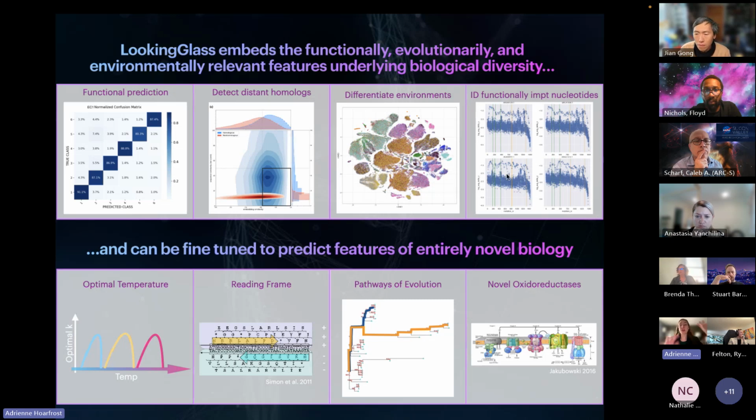You can identify the importance of different nucleotides to different prediction tasks. I'm not here to talk about Looking Glass, but the point is that you can transfer those fundamental features to lots of predictions about novel biology, optimal temperature, reading frame, things like that.